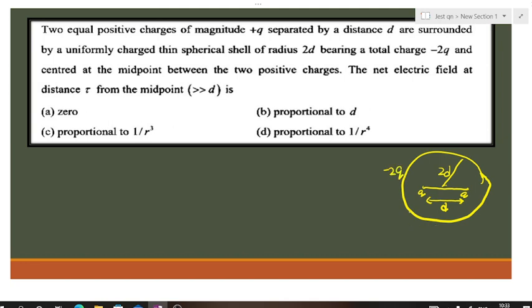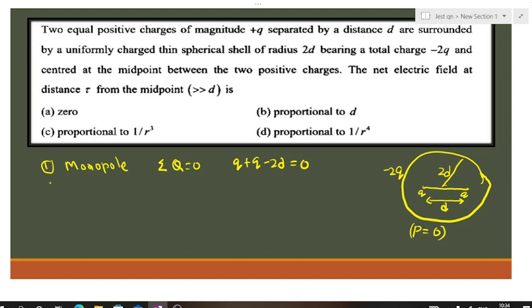Due to the spherical shell, the dipole is equal to 0, as we know. But we have to check one by one. First is the monopole. Monopole, sum over q equal to 0. Here the monopole is plus q plus q minus 2q, which is equal to 0.